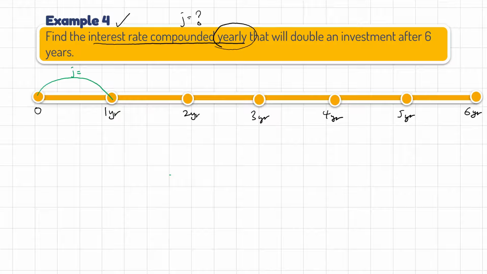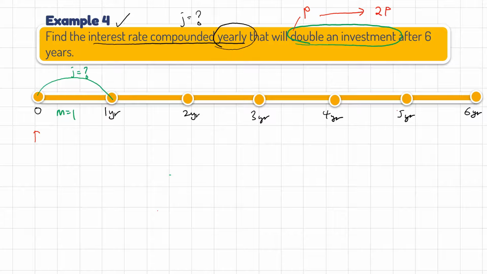Since the question states that compounded yearly, therefore, it will give us the value of M is equals to 1. And J is the one that we need to find. More than that, we have the information which is the investment will double after 6 years. If we represent our investment as P, therefore, after 6 years, it will be 2P.